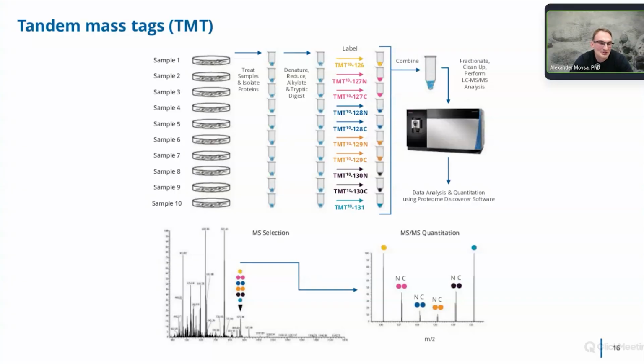In this experiment, acquisition is performed using data-dependent acquisition, and quantification is based on the intensity of reporter ions that correspond to each specific sample. The intensity of reporter ions reflects the relative abundance of the target molecule, allowing for quantitative comparison between samples collected in the experiment.